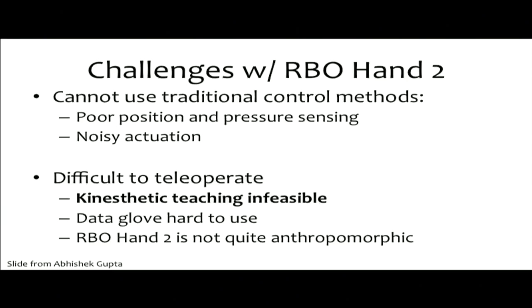There's also what's called a data glove, which is you wear a glove that has trackers on each of the fingers and try to collect data with that. But because of the poor position sensing and the actuation, you really can't use a data glove with this hand. And it's not anthropomorphic, which means that it's not quite exactly how the human hand works.